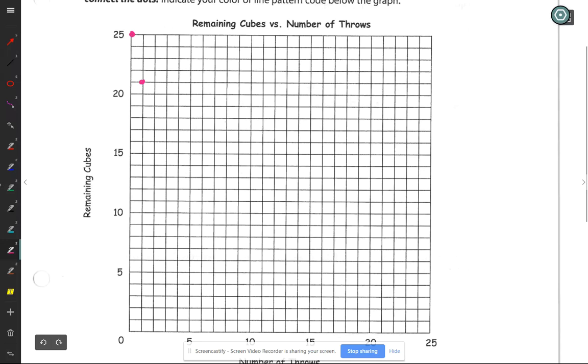And you mark them on there. I'm just going to put what it could be for my next rolls. Okay, it's got to be on the intersections. Okay, so that's just made up data for the rest.